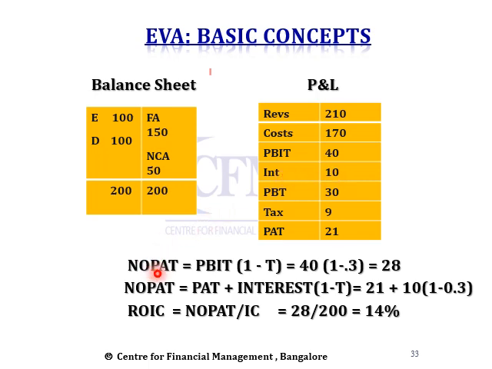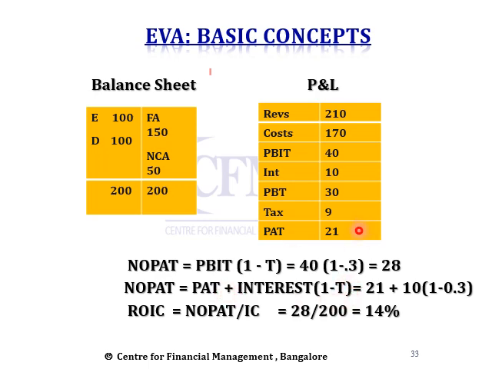NOPAT, net operating profit after tax, as we have learned, is profit before interest and tax multiplied by 1 minus tax rate. PBIT is 40 million and tax rate is 30%, so NOPAT works out to 28 million. NOPAT can be calculated in a different manner. It can be calculated as profit after tax plus interest multiplied by 1 minus tax.